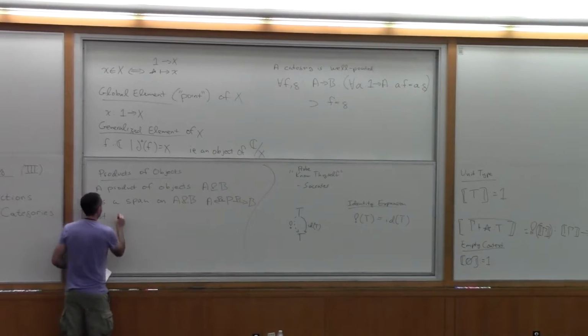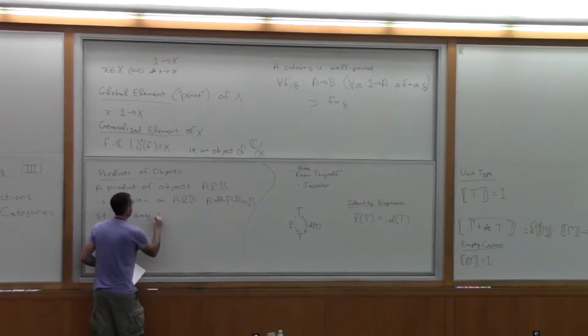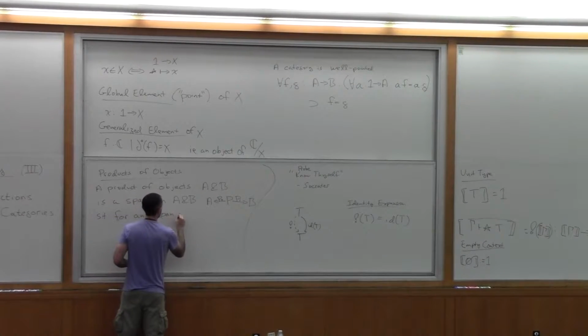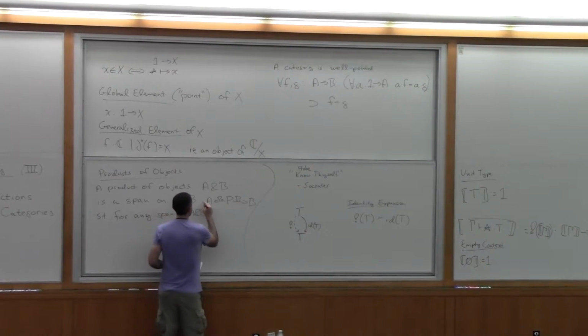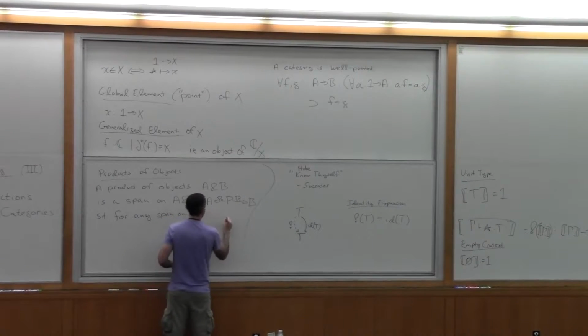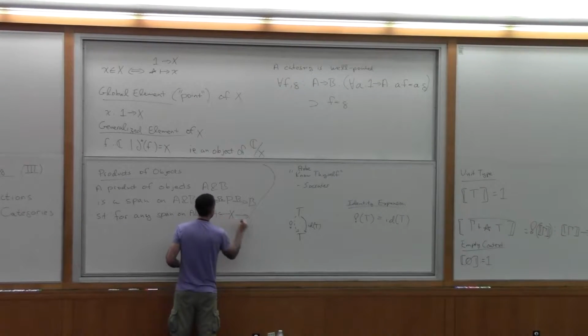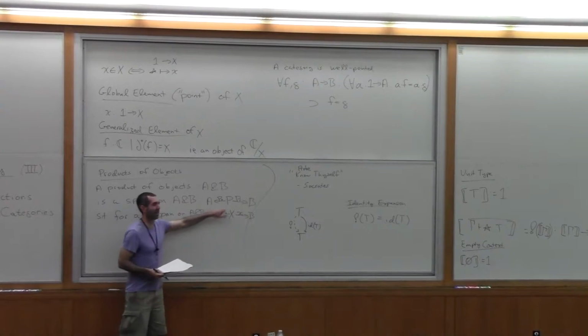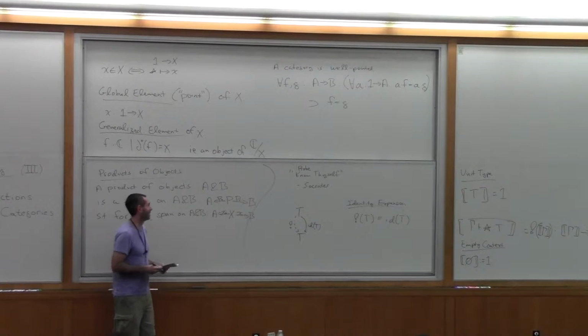Such that for any span on A and B, so what that is, it's another thing of the same shape. Right? So a span is a pair of co-initial arrows, if you want to say it in a fancy way.